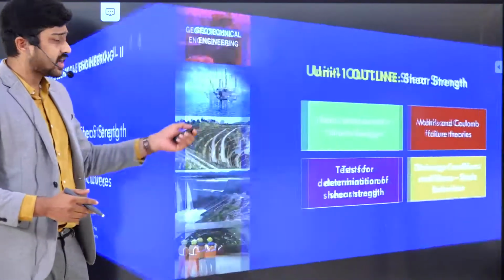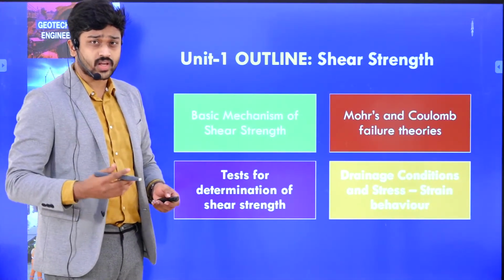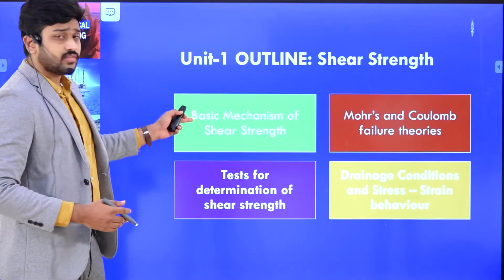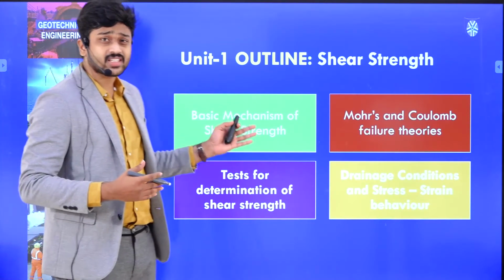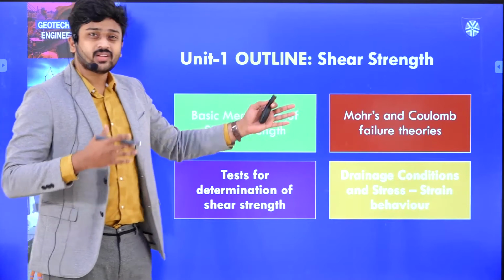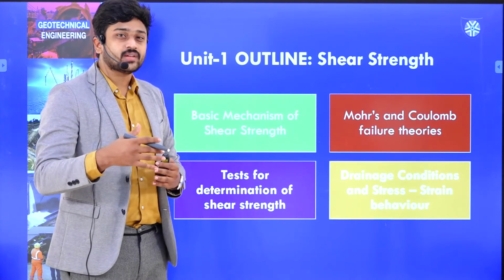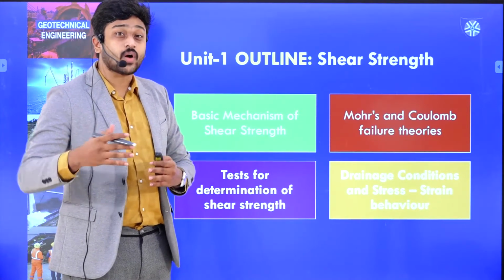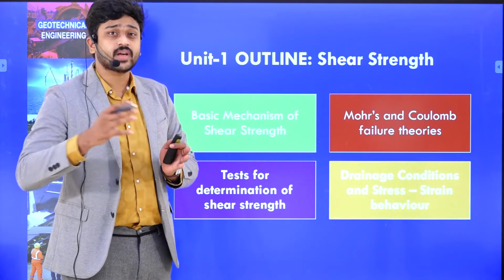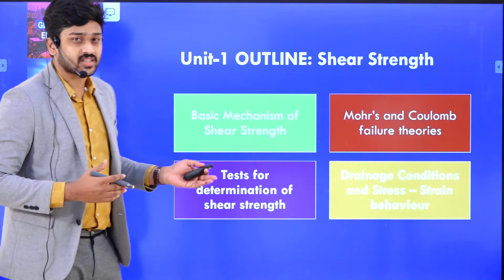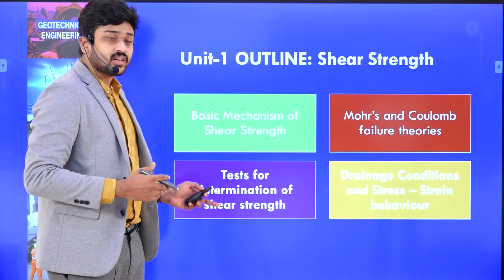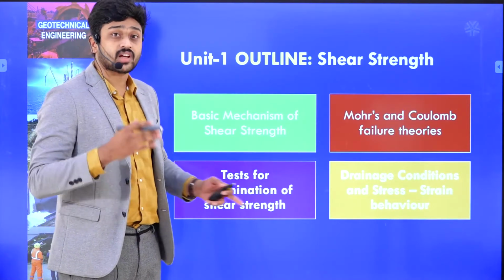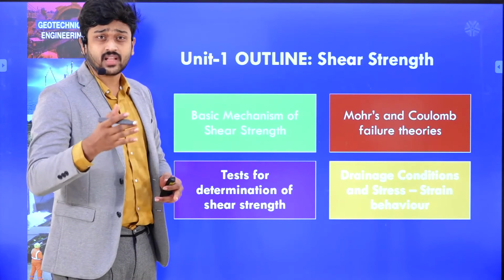Before that, let us look at the course outline once again. Till now, in the initial stages of these lectures, we have discussed the shear strength and the different theories that we apply, say Mohr's theory and Coulomb's theory, and how these two theories were modified by Terzaghi. Then, in our previous session, we started the shear strength tests conducted in the field as well as in the laboratory.